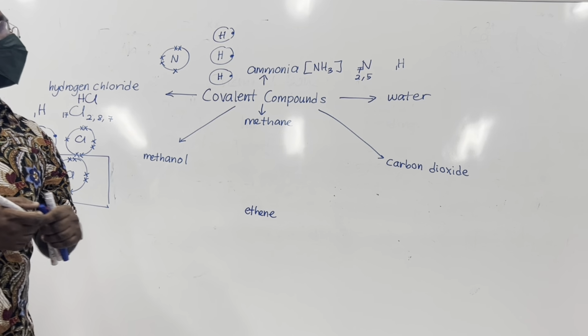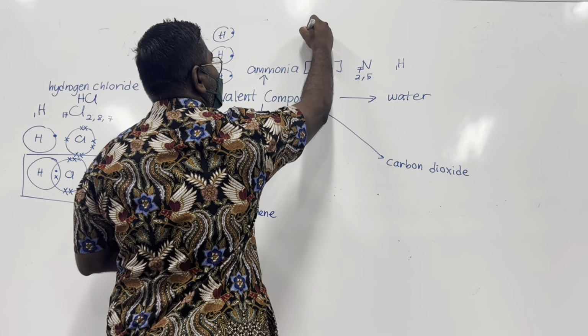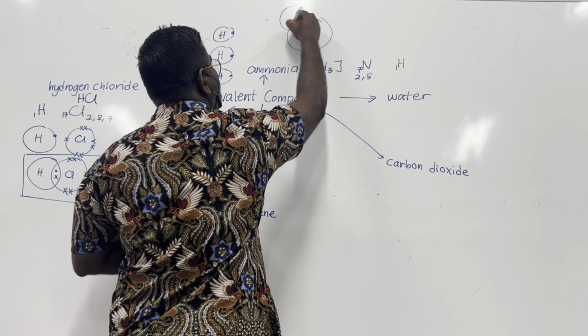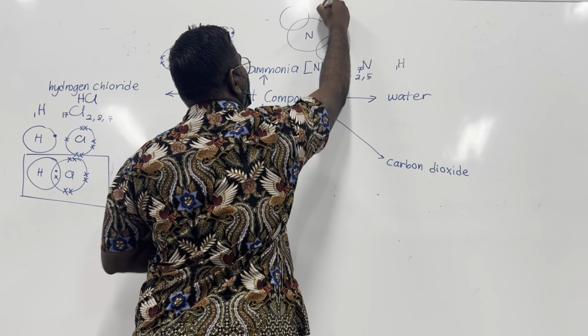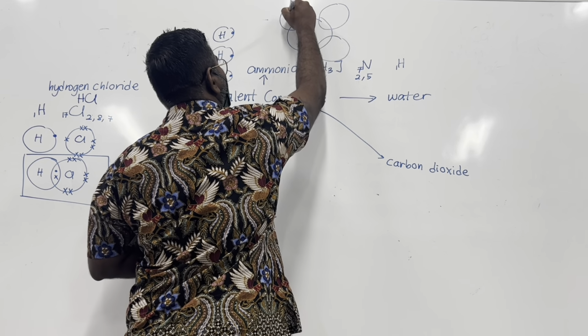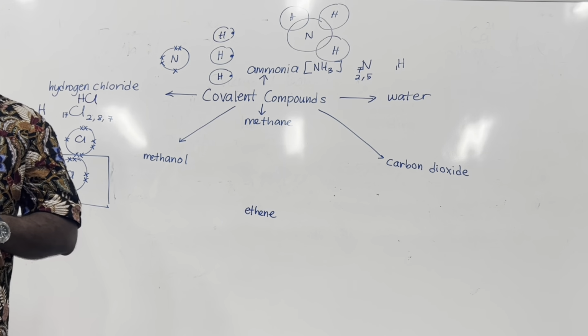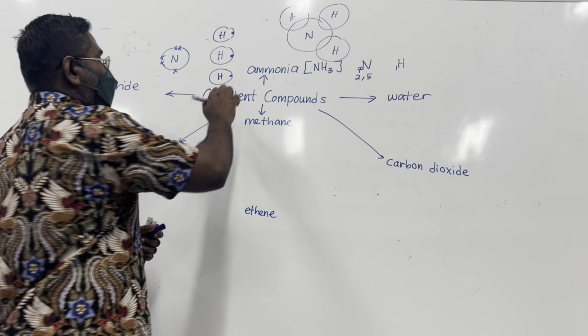So let's have a look at how they will look. Nitrogen overlaps with 1 hydrogen, overlaps with another hydrogen, and overlaps with another hydrogen. This is overlapping, and each hydrogen will put forward its own electron.